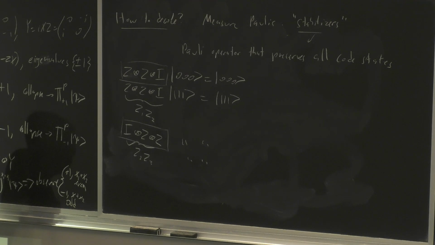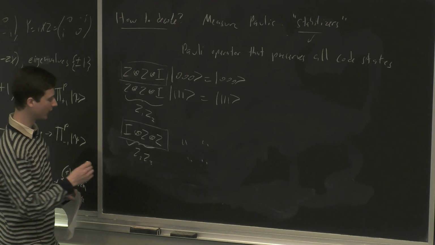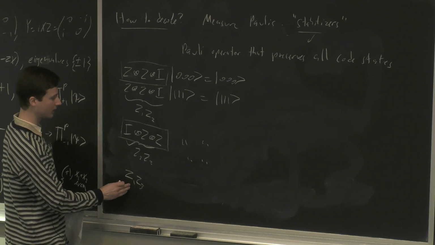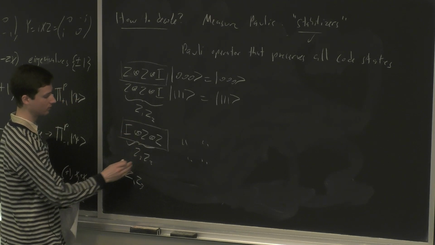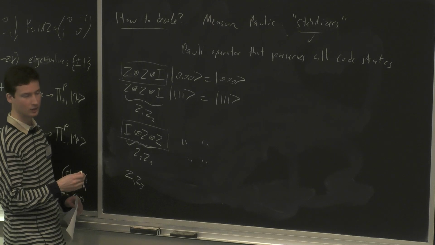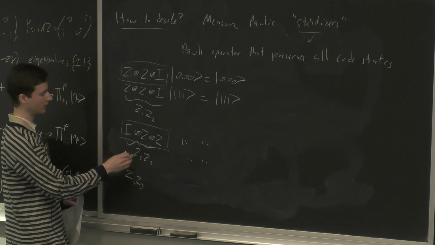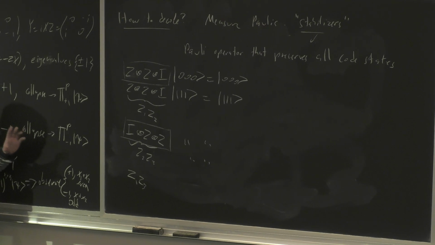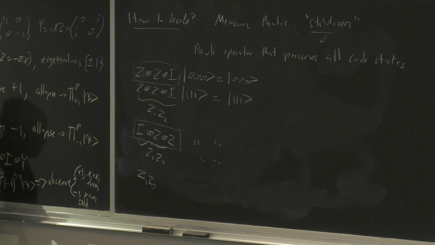Actually, these generate all of our stabilizers, because we could also take Z1, Z3. But Z1, Z3 is actually the product of Z1, Z2 and Z2, Z3. So Z1, Z2 and Z2, Z3 are all the generators we need to generate any of our stabilizers.